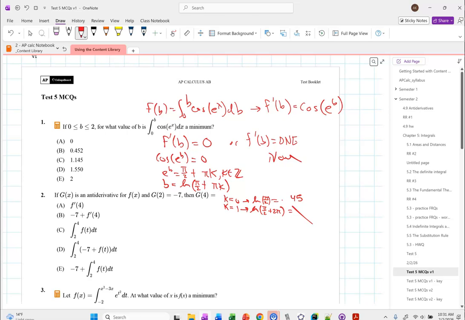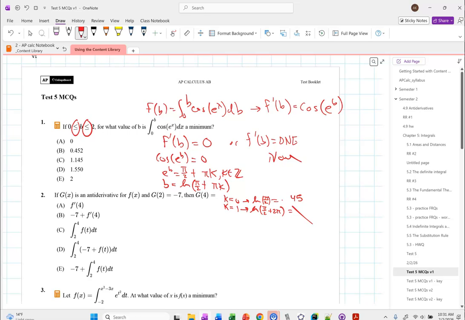What do I still have to worry about though? Well, I am going to want to check that, but there's something else I need to worry about first. Because this is a closed interval, what else do I have to consider?